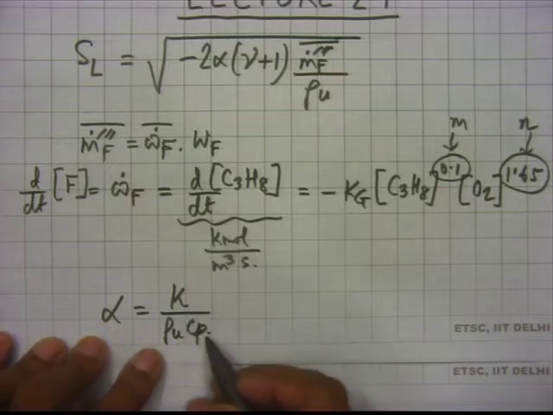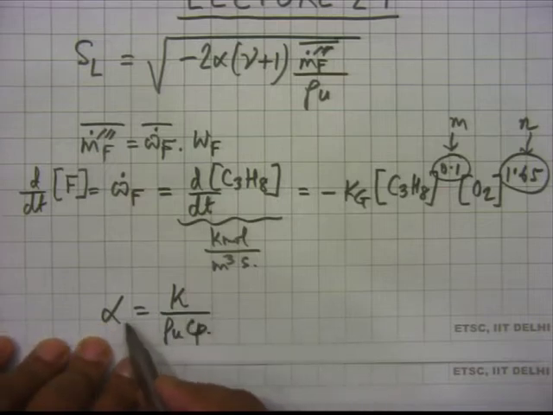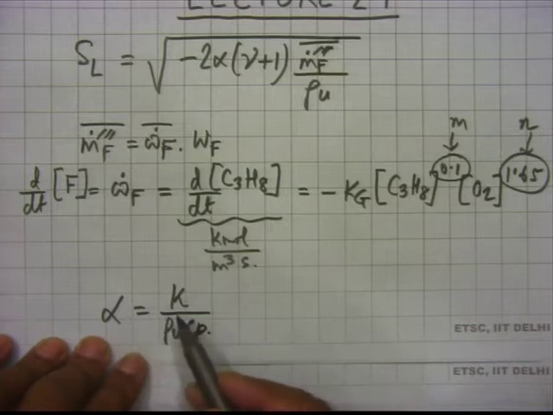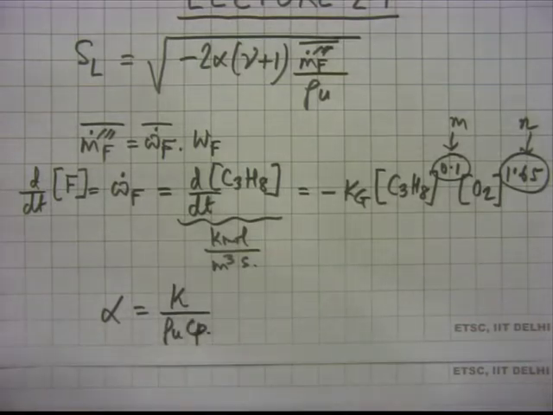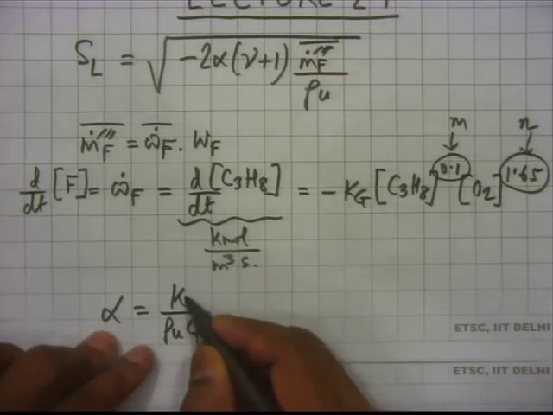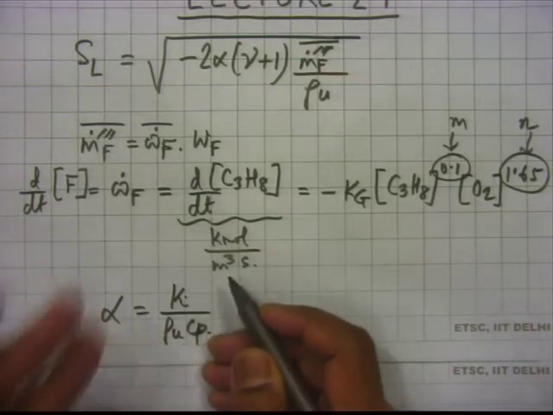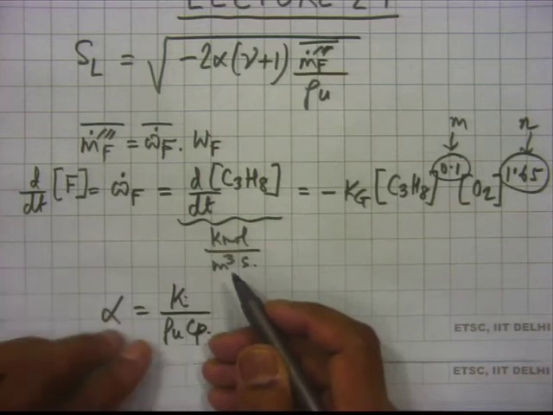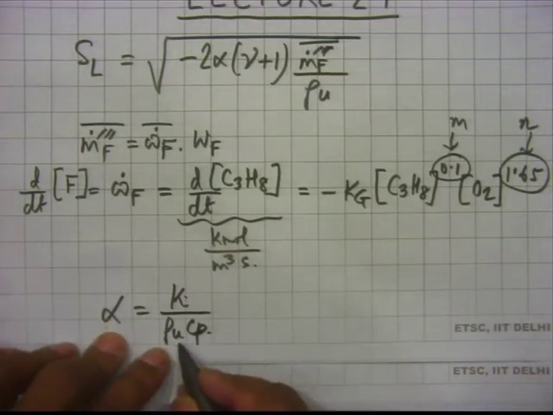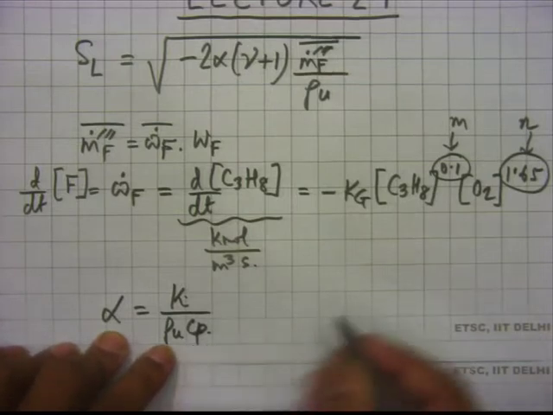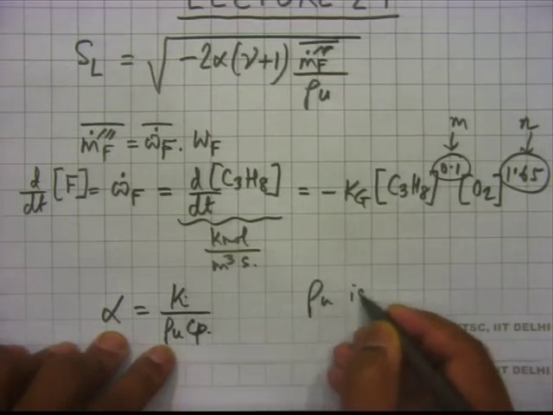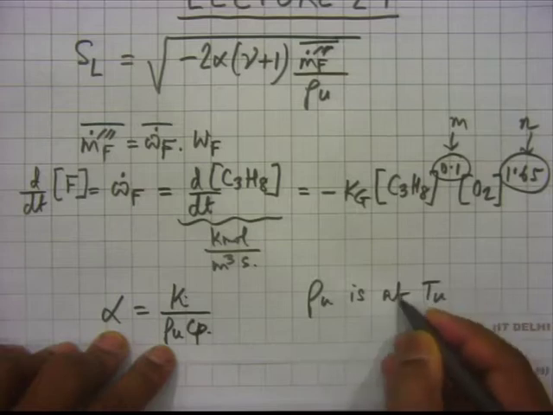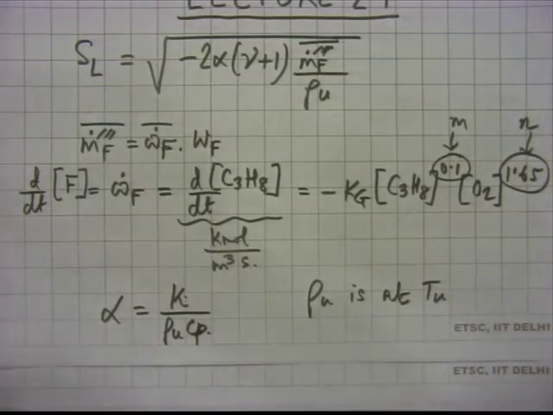So, this is a little confusing, I agree, because alpha is not alpha u, alpha is not the thermal diffusivity of the unburnt mixture. For alpha we are using k at some reaction zone temperature, some higher temperature, but for rho u we are evaluating rho u at the unburned gas temperature. So, rho u is at T_u. Now, why are we doing it like this?